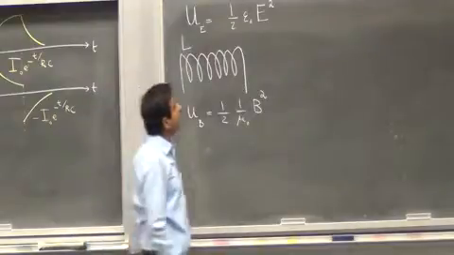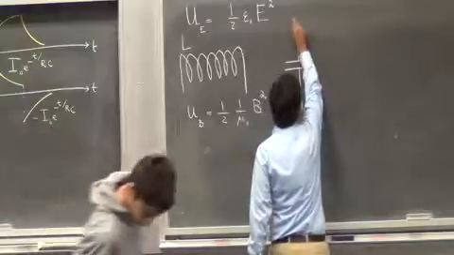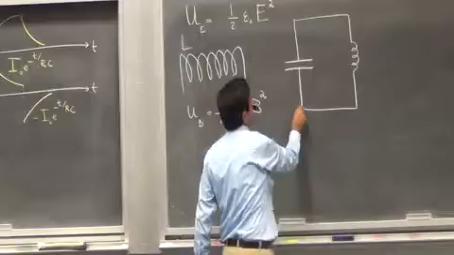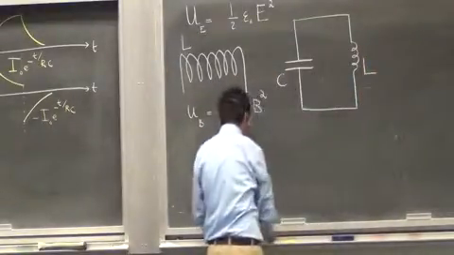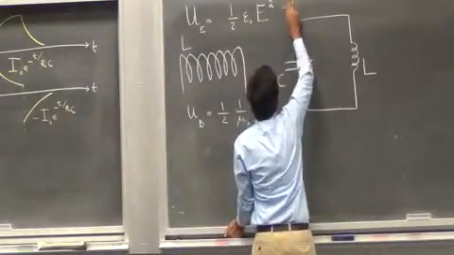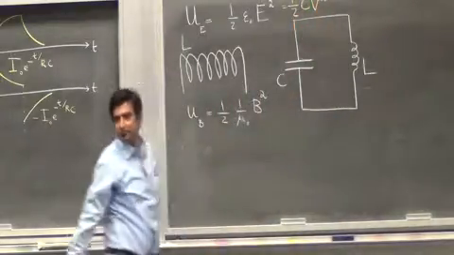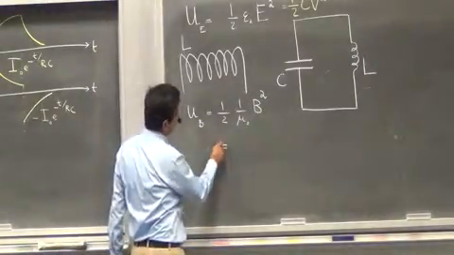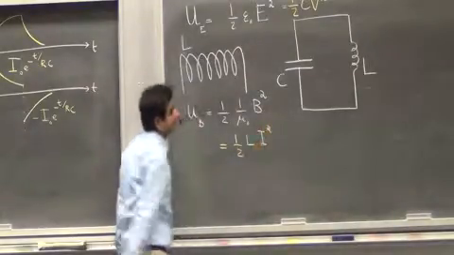So suppose I have a capacitor and I have an inductor, C and L. Now we know that the energy is actually equal to half CV squared for a capacitor, and equals half L i squared for an inductor.